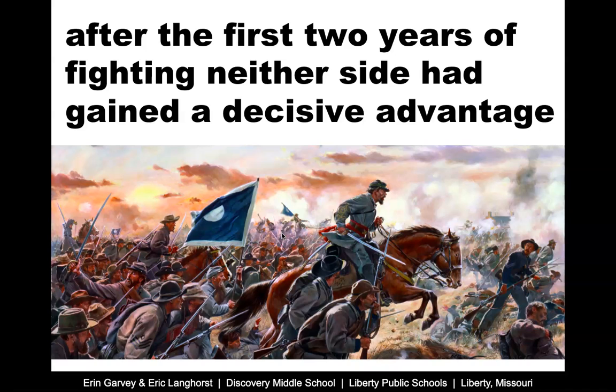So you could almost technically say that by even making it to the 2-year point, the Confederacy was at an advantage. But really, 2 years in, people are not seeing one side start to gain the momentum, which is going to be a pretty important precursor for the rest of the war.